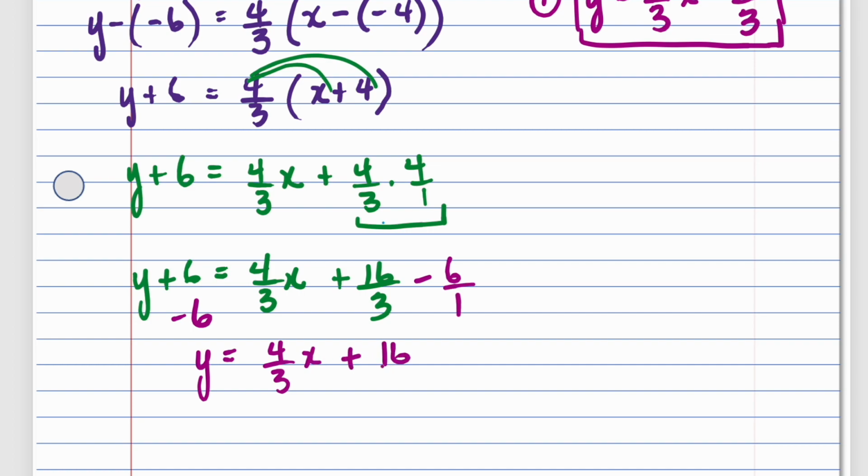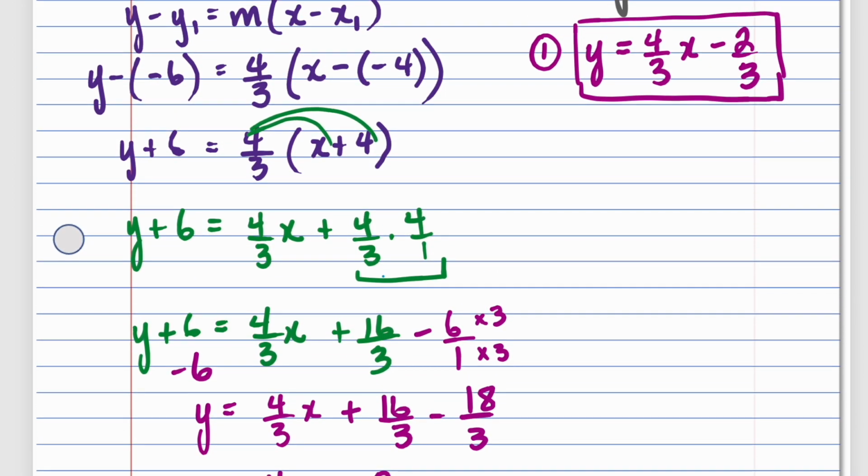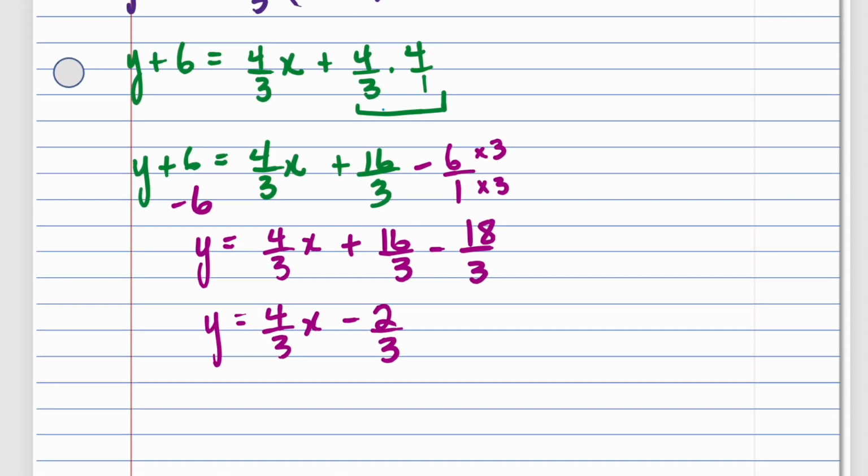So we need a common denominator. We get an 18. Y is equal to 4/3 x minus 2/3. Is that the same? It is. Great.